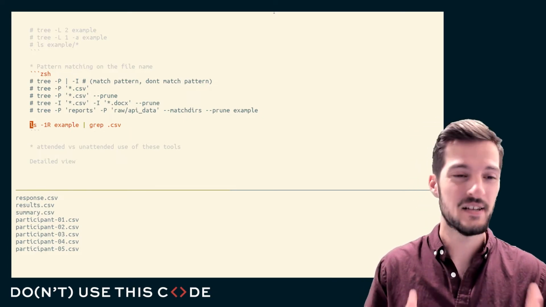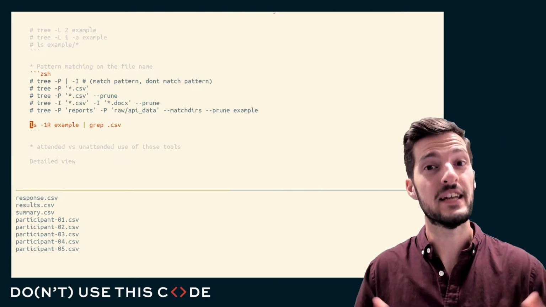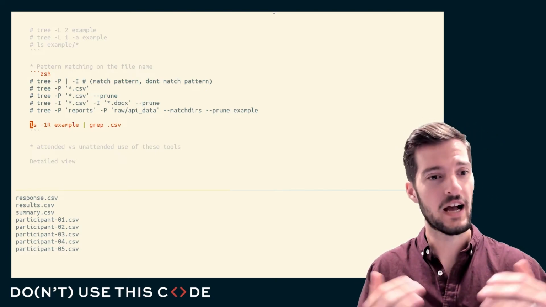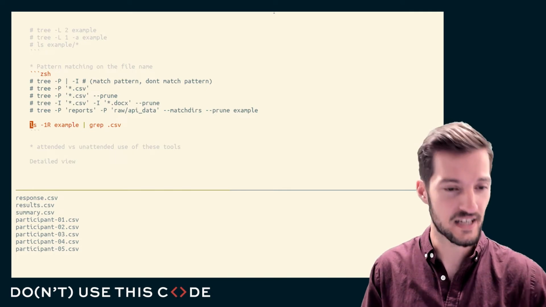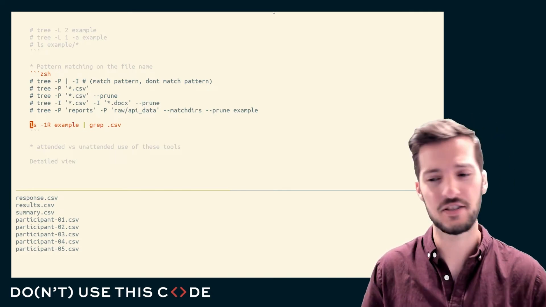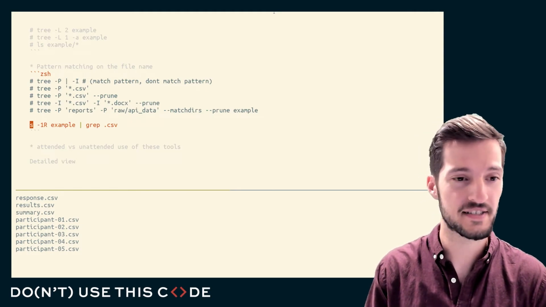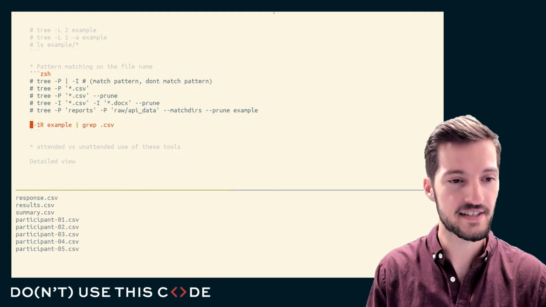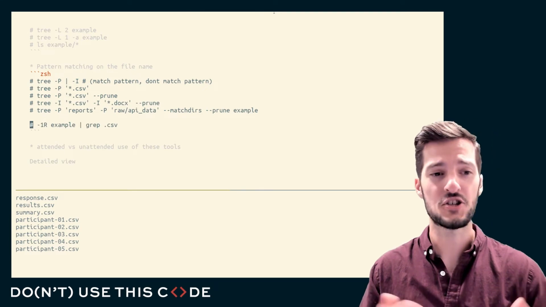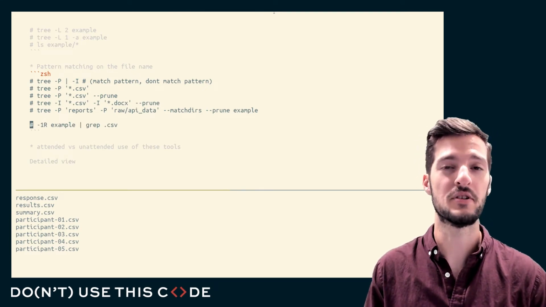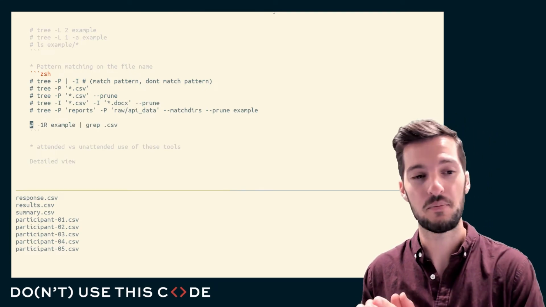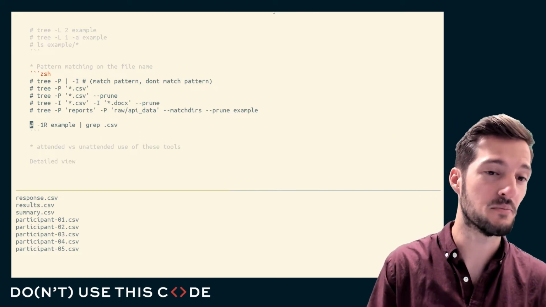We'll get to that, but for interactive use, where I'm just using these commands and visually inspecting the output to make sure things line up, I think it is totally fine to use grep on the output of ls. Where I might want to avoid it would be in a shell script or something where I don't have the ability to manually check that grep is correctly matching my output from ls.